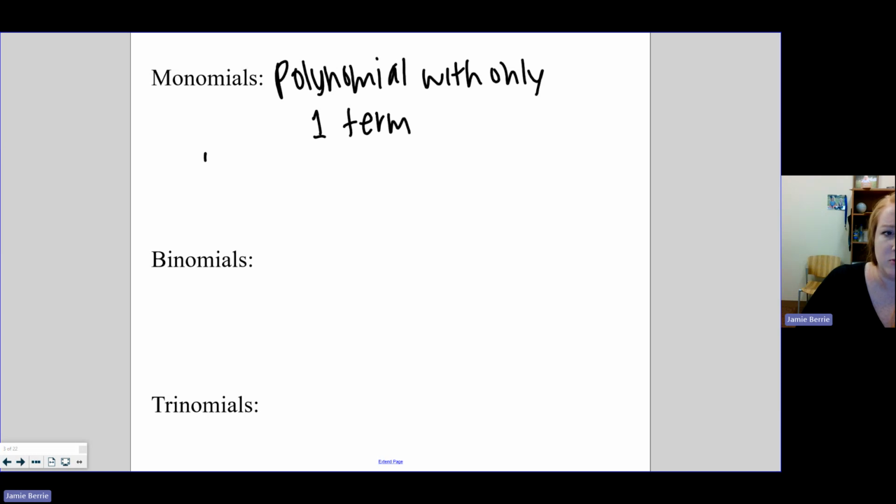Some examples would be like 2x or -4, or let's do -1/5 x to the third. So monomials only have one term.